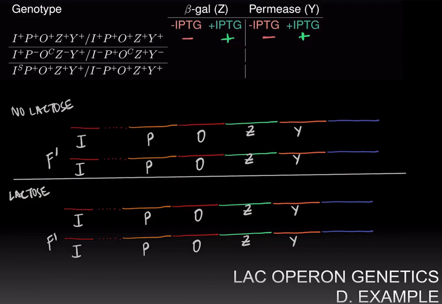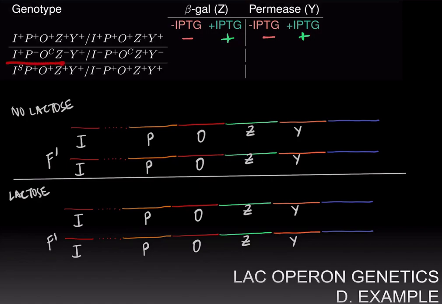The other thing that we have is OC mutants, both of them, but since OC acts in cis, we only need to worry about the consequences of OC with regard to the alleles that are linked to OC, or on the same DNA molecule as OC. And so let's get started.